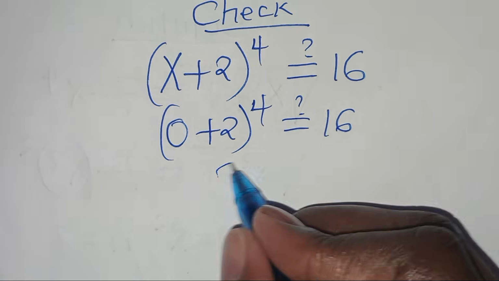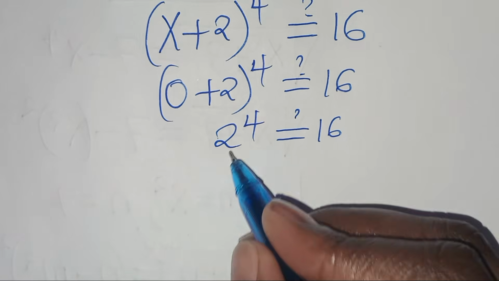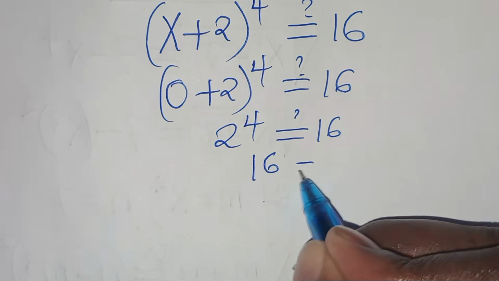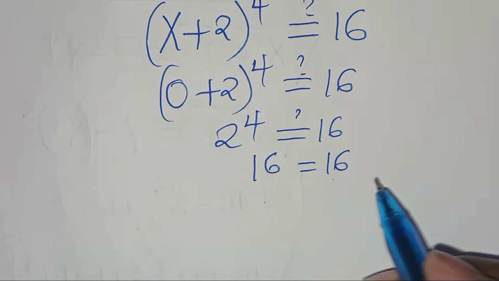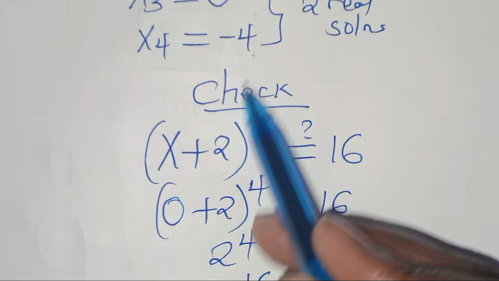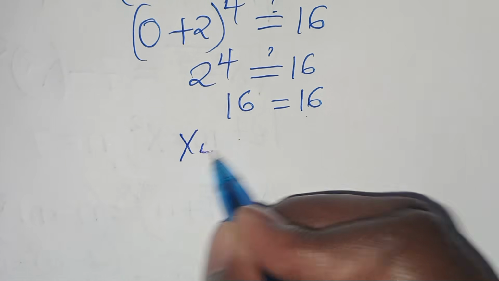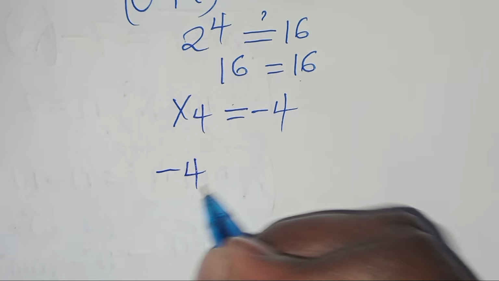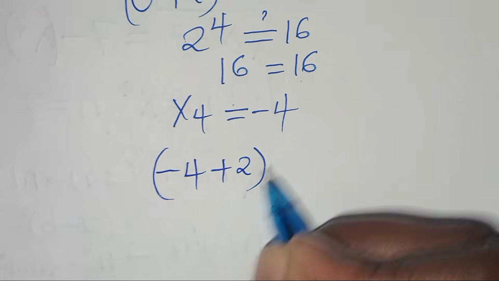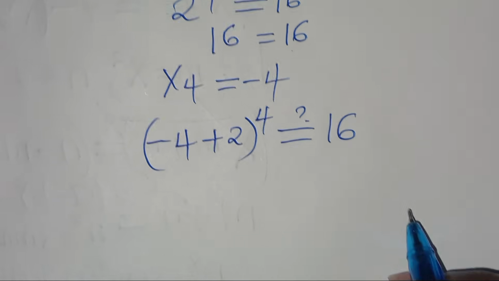So this is 2^4, which should give us 16. 2^4 is 16, and this is equal to 16. The left-hand side is equal to the right-hand side, which means that x3, which is 0, satisfies the equation. Now x4 is equal to minus 4. So we have (-4 + 2)^4, which is supposed to give us 16.